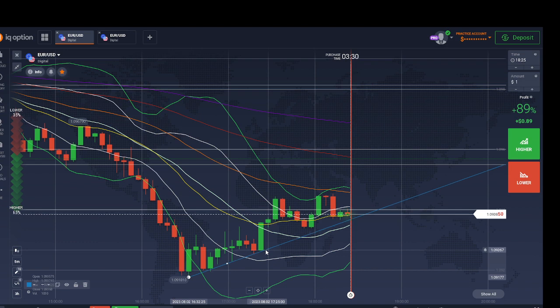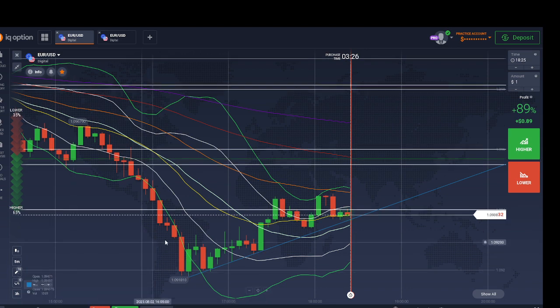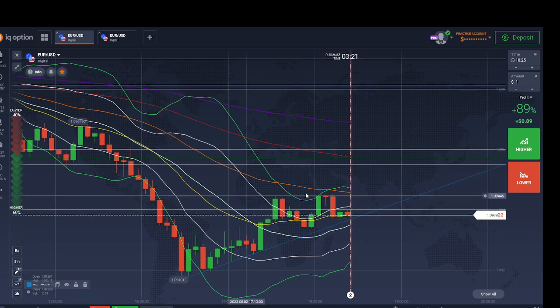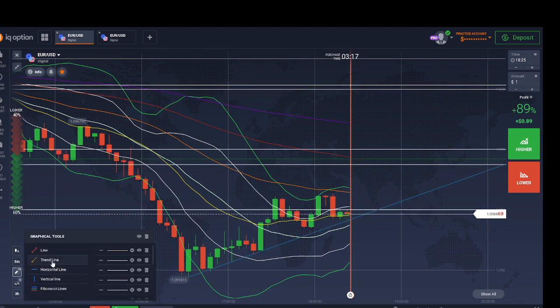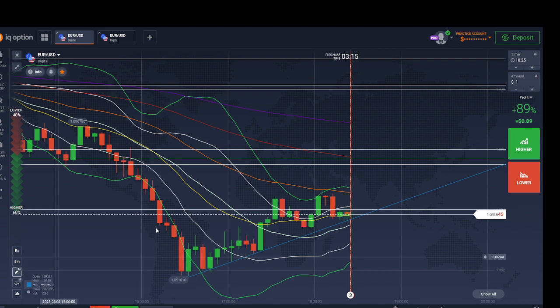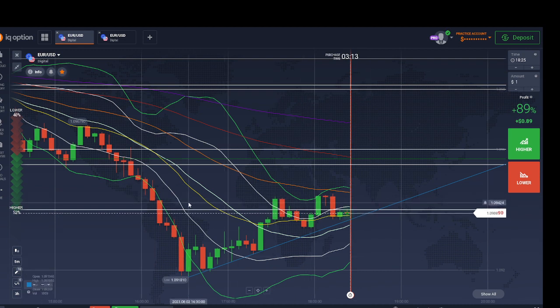If I connect into this, this is the trend line, and this is also, sorry, one more trend line here.